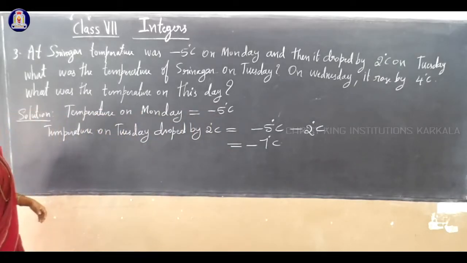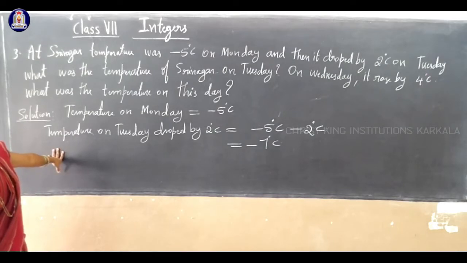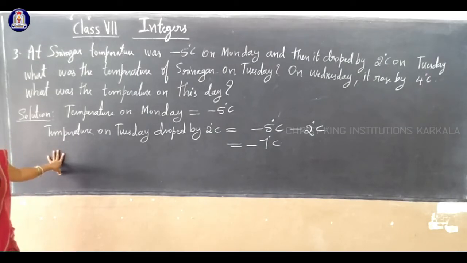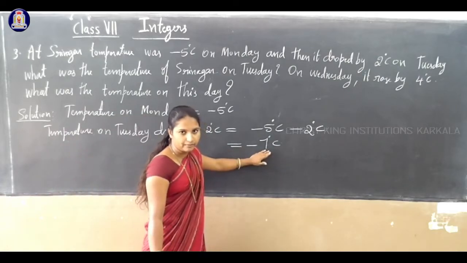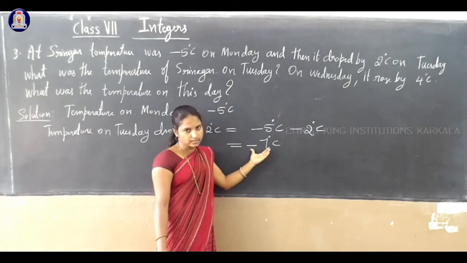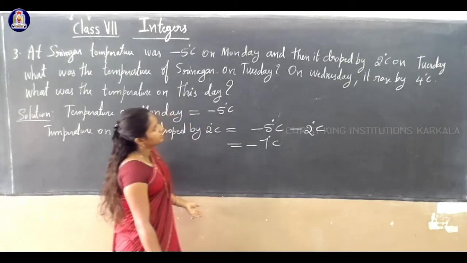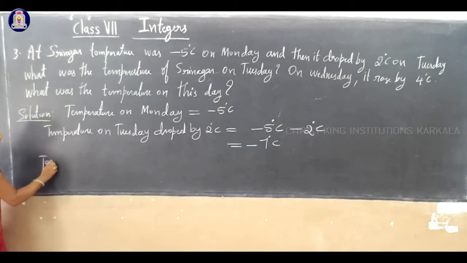Clear? So the next question is, on Wednesday it rose by 4 degrees Celsius. Tuesday is now minus 7 degrees Celsius. Temperature on Tuesday is minus 7 degrees Celsius. Now you have to consider next, on Wednesday what happens?